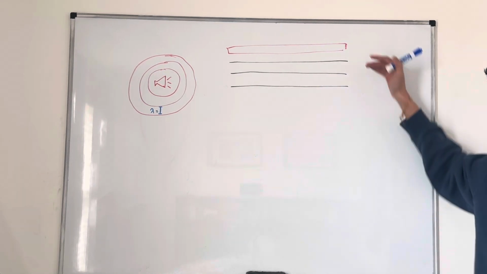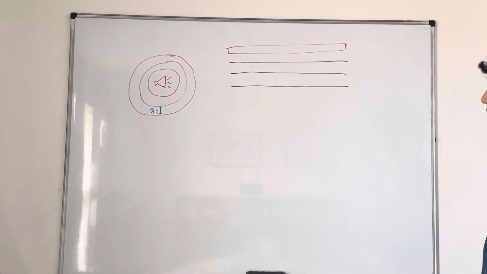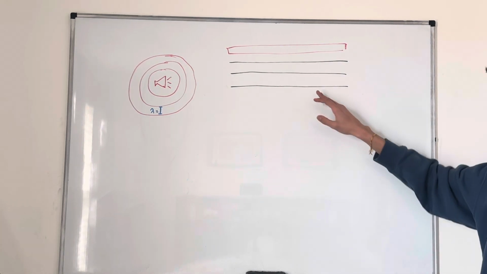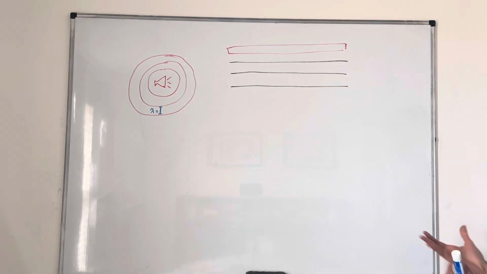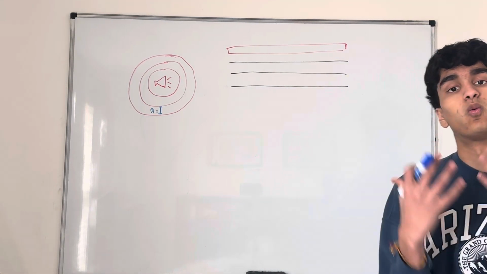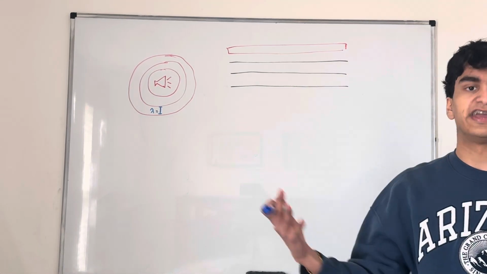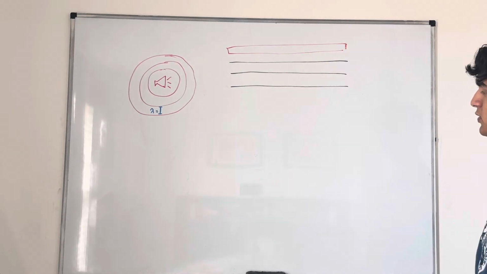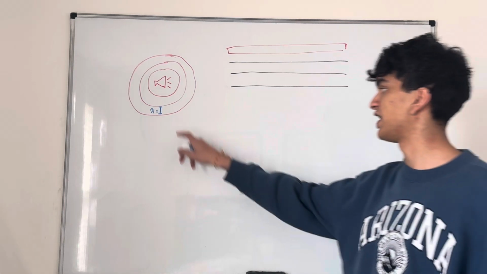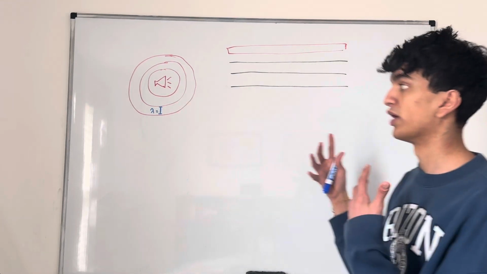It would create wavefronts that look like this, where you have crest to crest, crest, crest, or trough, trough, trough, whatever that line represents. You can decide that. It just represents one phase of that wave. It doesn't matter specifically what phase, it just matters that the distance in between is always a wavelength.